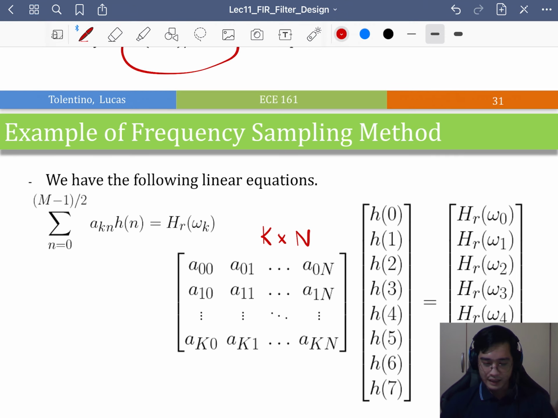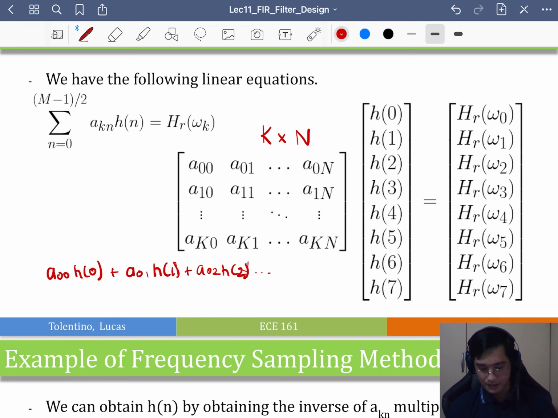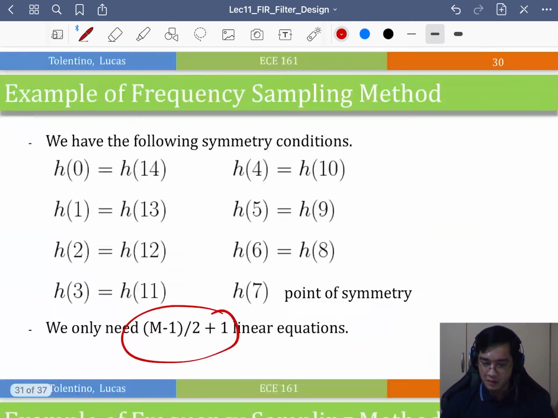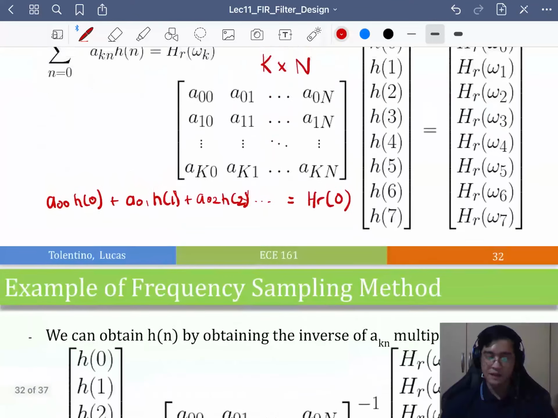Let me just write the first equation. A sub 0,0 h of 0 plus A sub 0,1 h of 1 plus A 0,2 h of 2 and so on, is equal to our first frequency point, which is equal to 1. So that is our first equation.